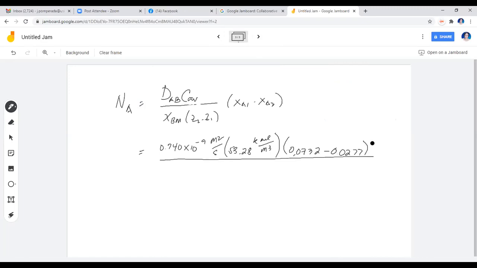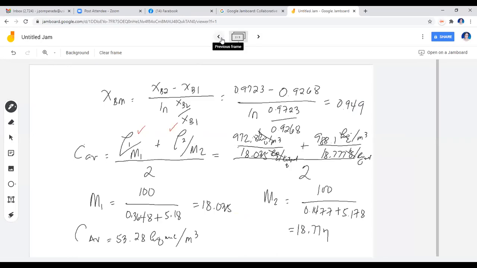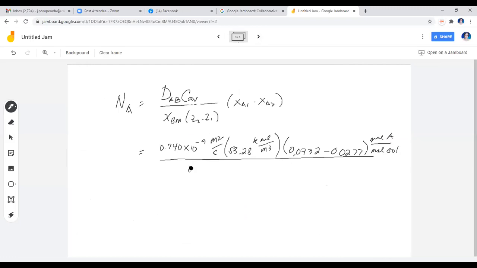So this is moles of A over mole of solution. Then XBM, our XBM is 0.949. And this is by the way kilomole as well. The denominator does not have any unit because it's log mean concentration of B.